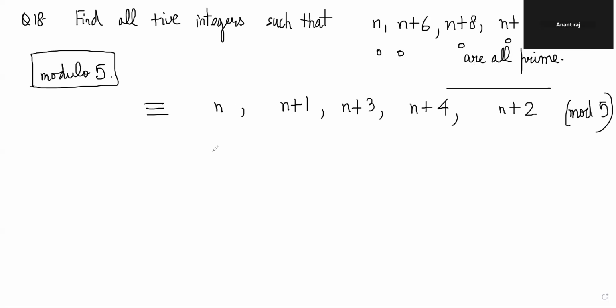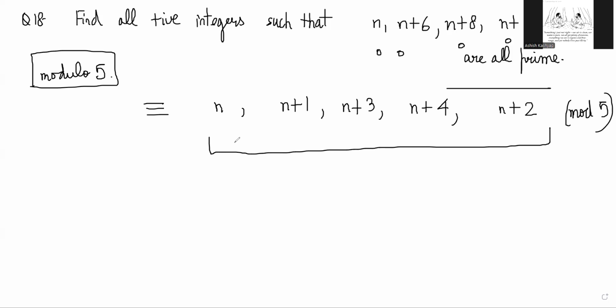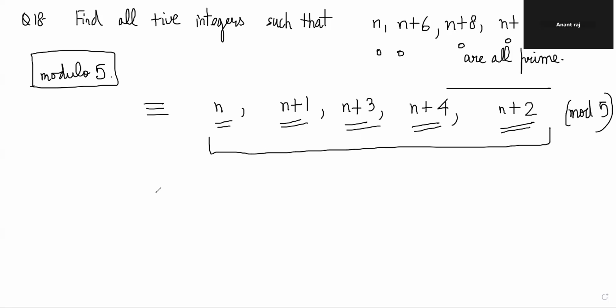Can you see that? So this is a set of 5 consecutive numbers, so at least one of them is divisible by 5.